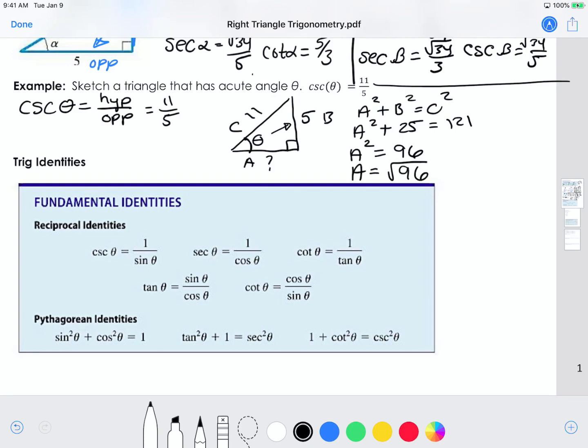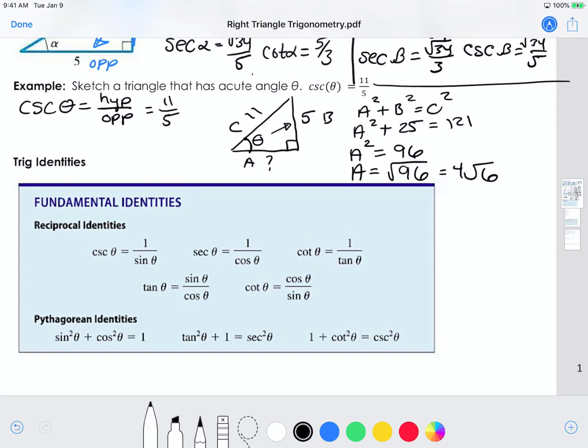Now, typically when we take the square root of both sides of an equation, we have to do plus or minus. But in this case, where we're talking about the length of something, we only have to worry about the positive square root because lengths are only positive. And then I can simplify this as 4 square roots of 6 because 96 can be written as 16 times 6.